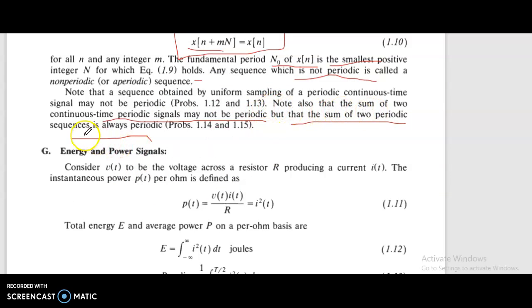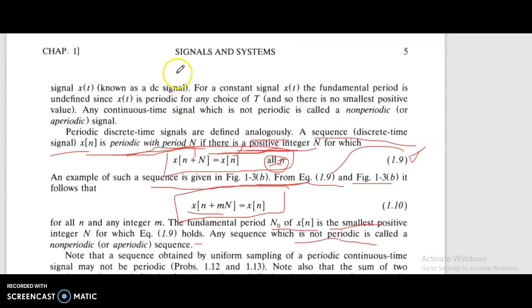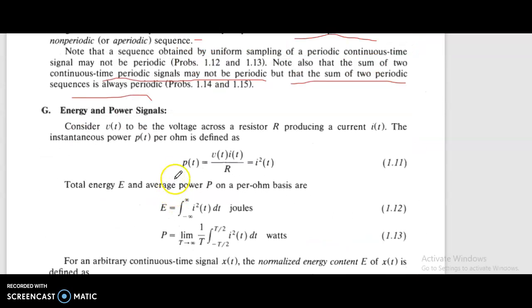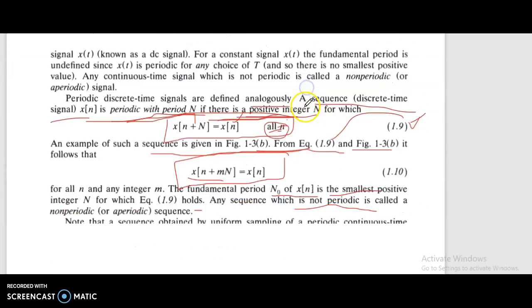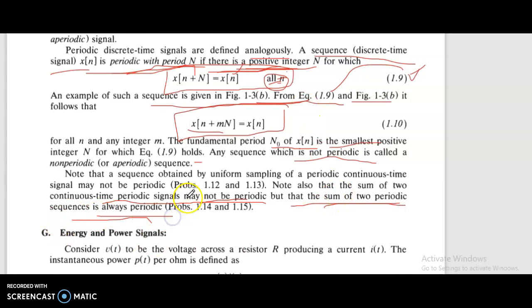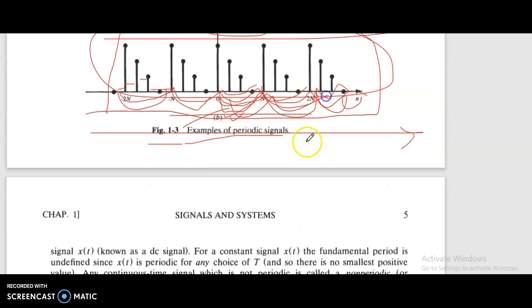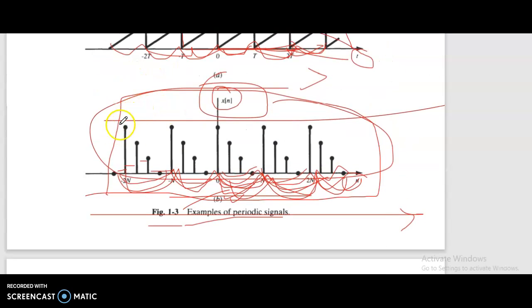Also, the sum of two continuous periodic signals may not be periodic, it is not a must, but the sum of two periodic sequences is always periodic. Same sampling time, also the same.